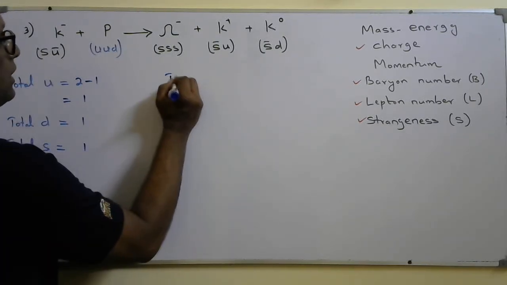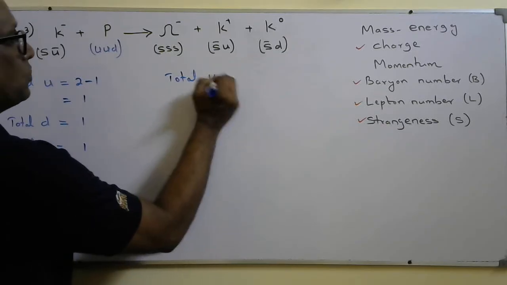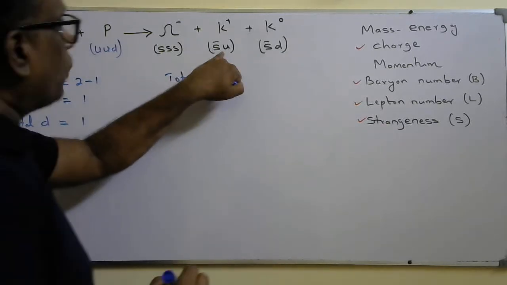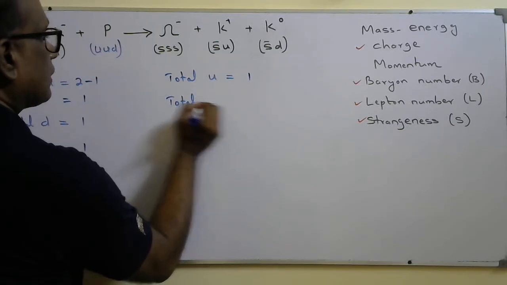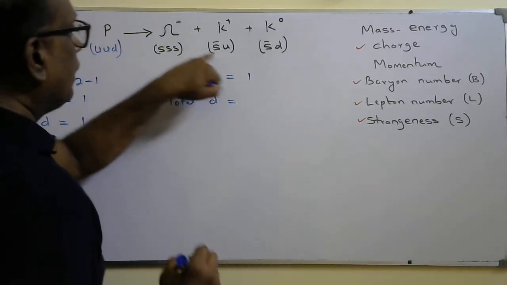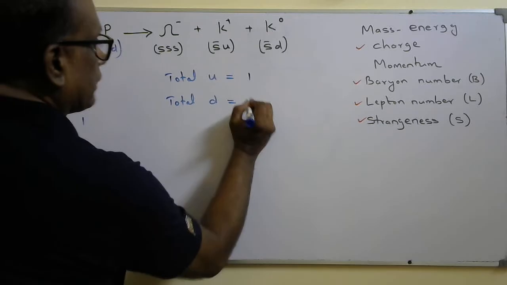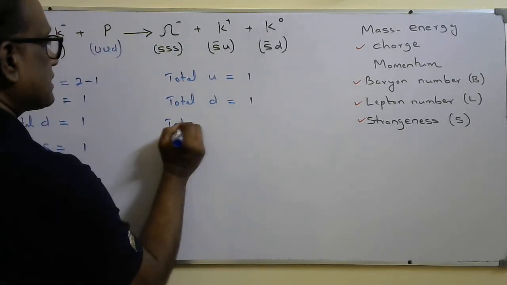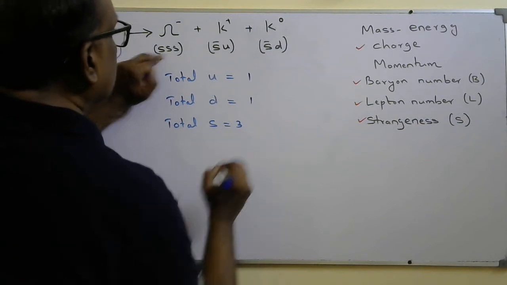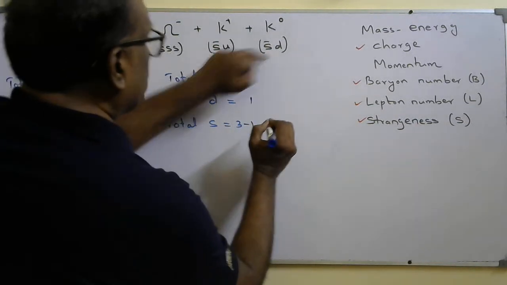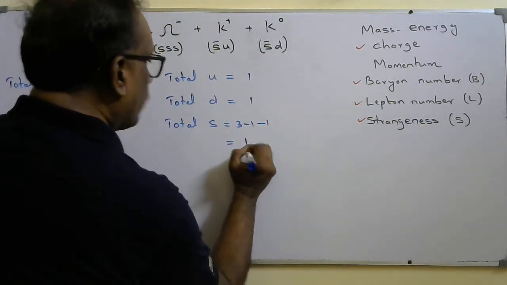After interaction, total U, how many are there? Here 1, only 1, right. Total D, how many are there? Just 1, yes. Total S. Here 3, here minus 1, minus 1, so 1.